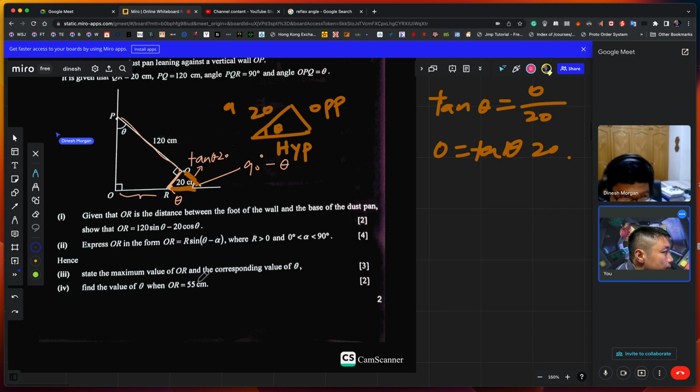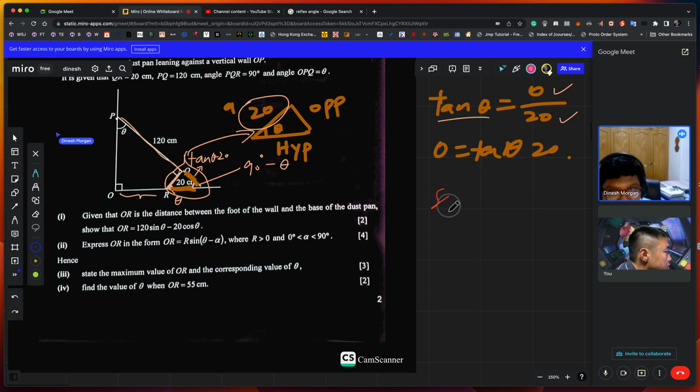Can you say that again? I get this entire thing into this part. So tangent theta is O over A, adjacent is 20. This is 90 degrees, and this is 90 degrees because they're next to each other.